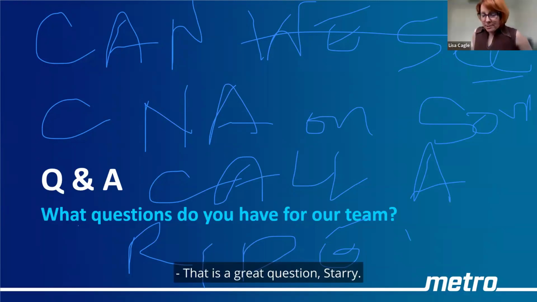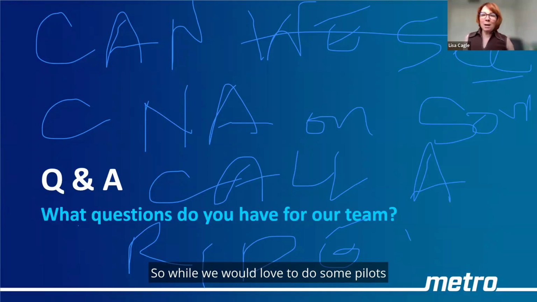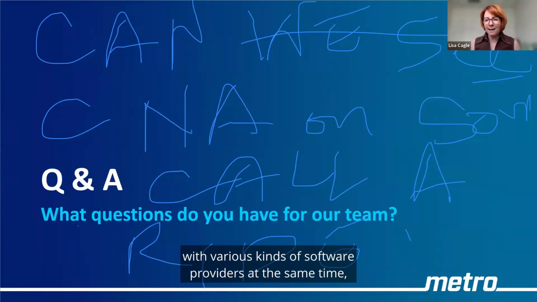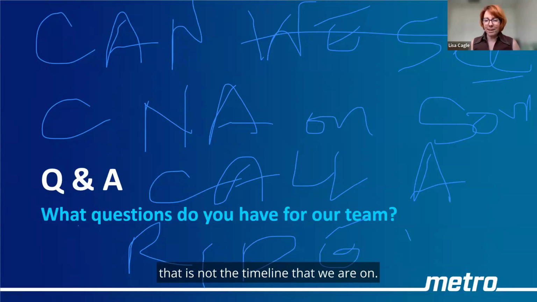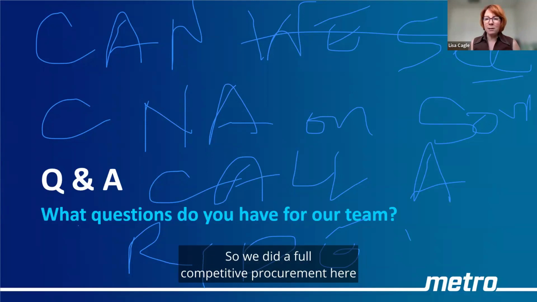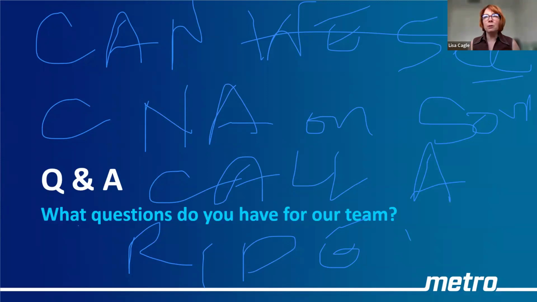That is a great question, Starry. While we would love to do some pilots with various kinds of software providers at the same time, that is not the timeline that we are on. So we did a full competitive procurement here with different software vendors.